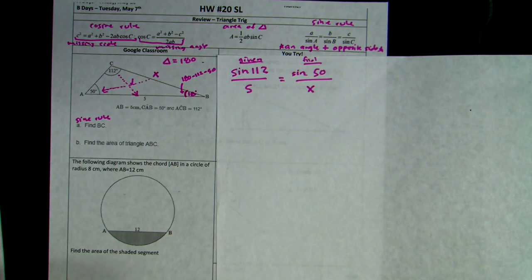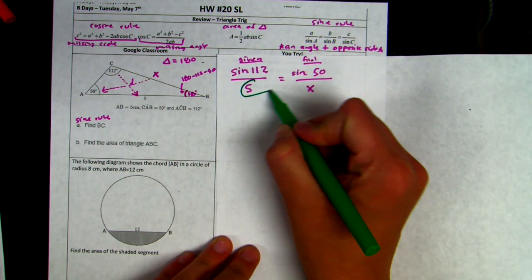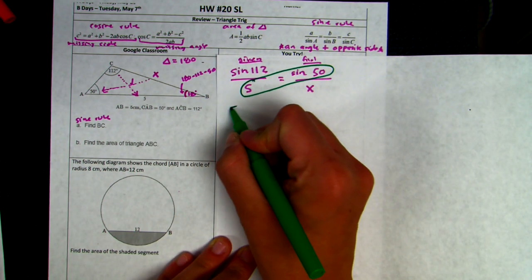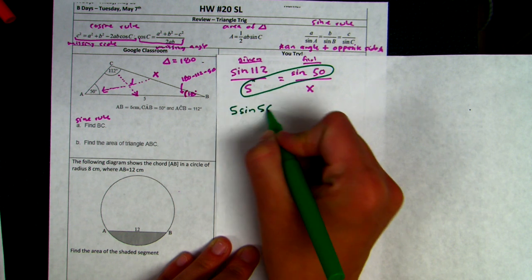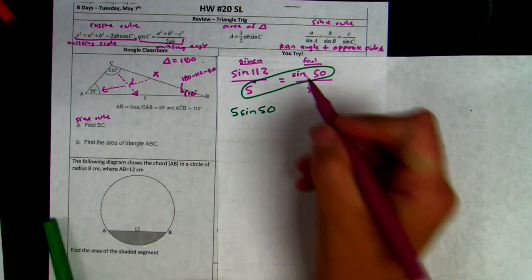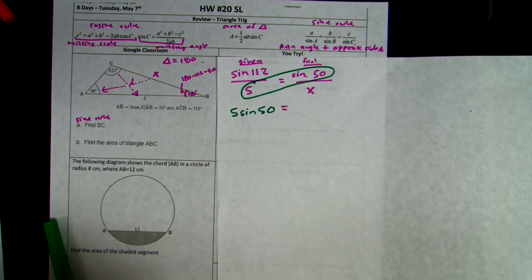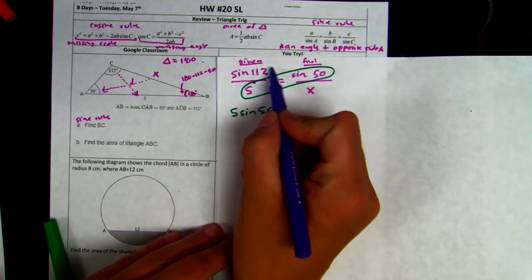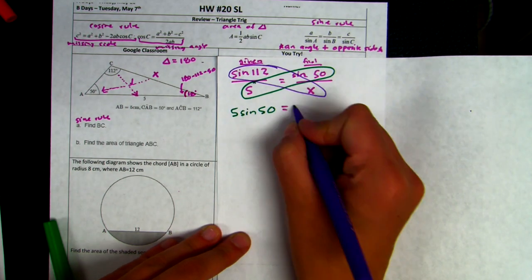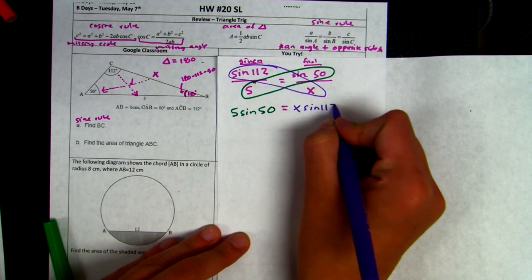Sorry, should have grabbed some other colored markers. Y'all know how I feel about color coding. At this point, I have a single fraction equal to a single fraction, so I am going to cross multiply. So I'll get 5 sine of 50 is equal to, well, let's do this side in purple, x sine of 112.